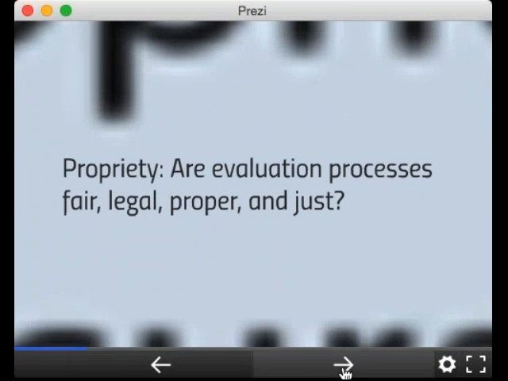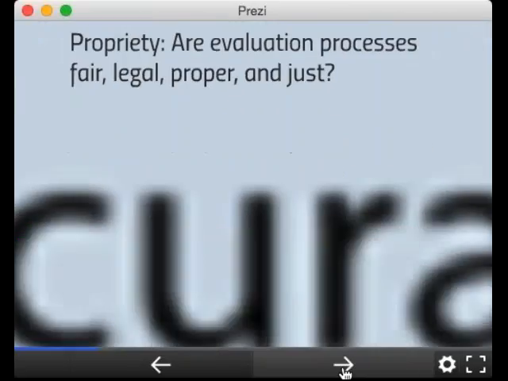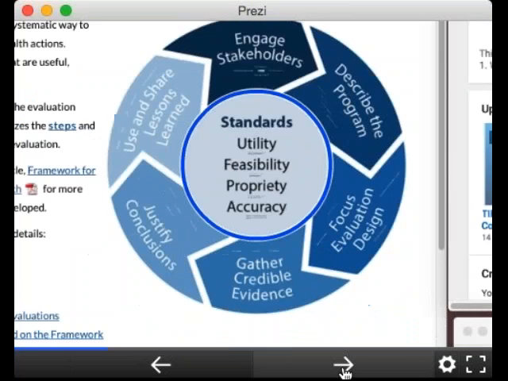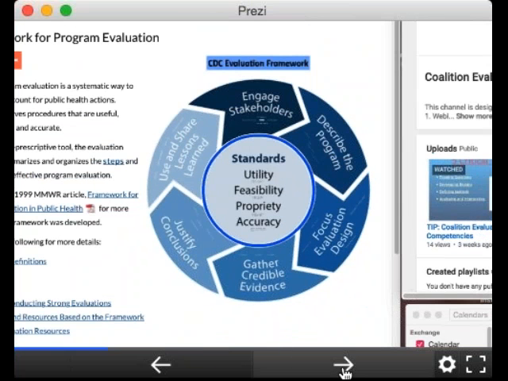For propriety: is our evaluation process fair, legal, proper, and just? And then the last set of standards fall under accuracy: are our evaluation representations, propositions, and findings dependable and truthful? So those are the 4 standards upon which this framework is built.